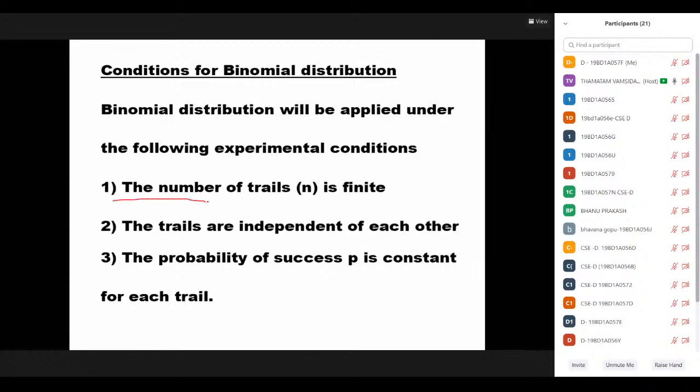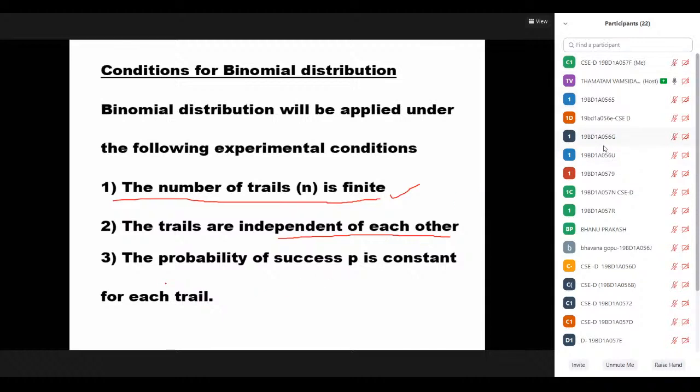See the first one: the number of trials n is finite. And the second one: the trials are independent of each other.